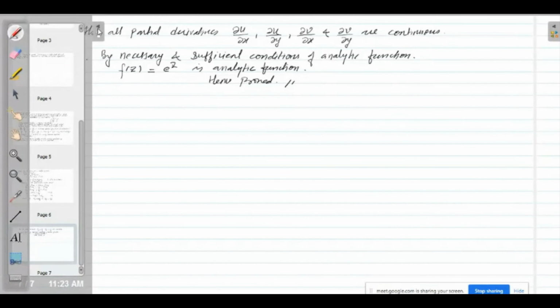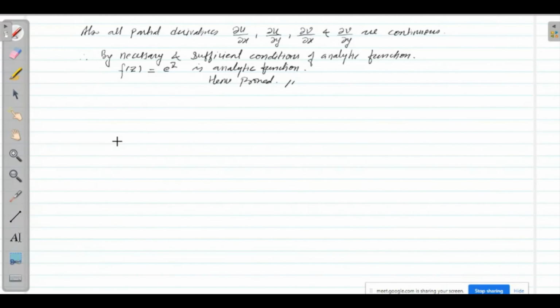Now should I give some exercise? Let us write down the exercise. Example: prove that the following functions are analytic.